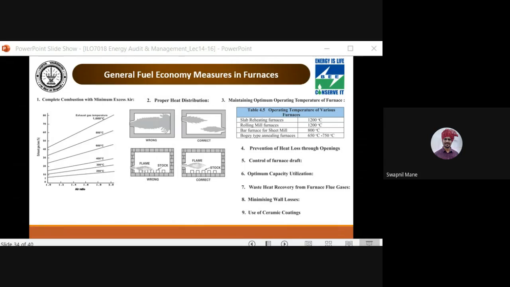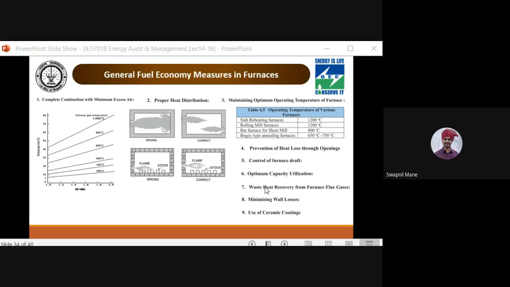Then you have to see that the coatings are non-toxic, non-flammable, and water-based. You can find literature which reports 8 to 20% energy saving when furnaces are operated at lower temperature with the help of refractory coatings and fiber.